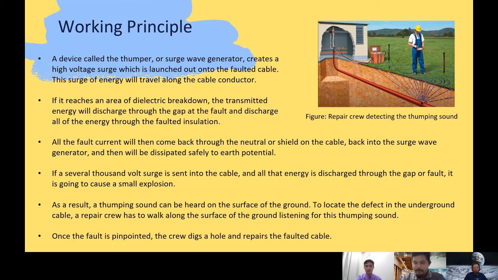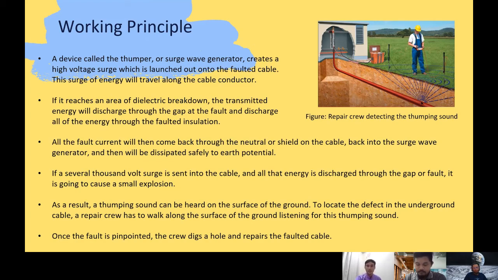If a several thousand volt surge is sent into the cable and all the energy is discharged through the gap of the fault, it is going to cause a small explosion. This underground small explosion will cause a percussion and sound wave to travel up through the layer of earth.